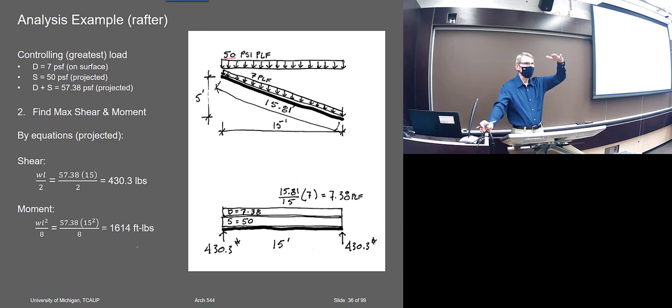The snow is projected, right? It comes down from above as a blanket, and this must be the dead load that's on the surface. So I've got to convert this into this. I could take my 50 PSF and spread it out, but that gets to be kind of a nuisance.